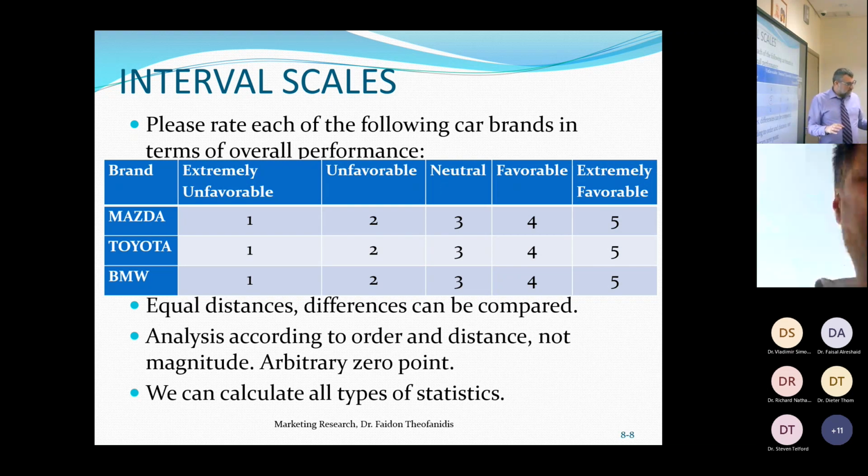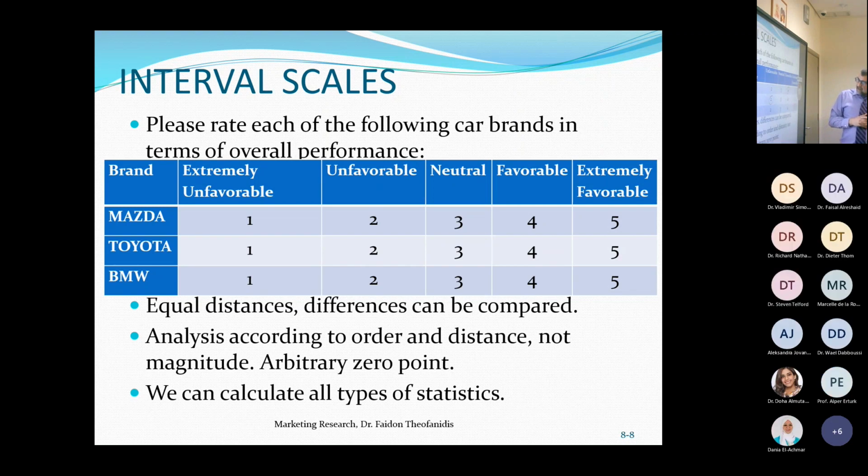So let's now check what is the difference between this scale and the previous scale, because this scale gives more information. It's a better scale. In the previous example, we had ranking. Here we have rating.